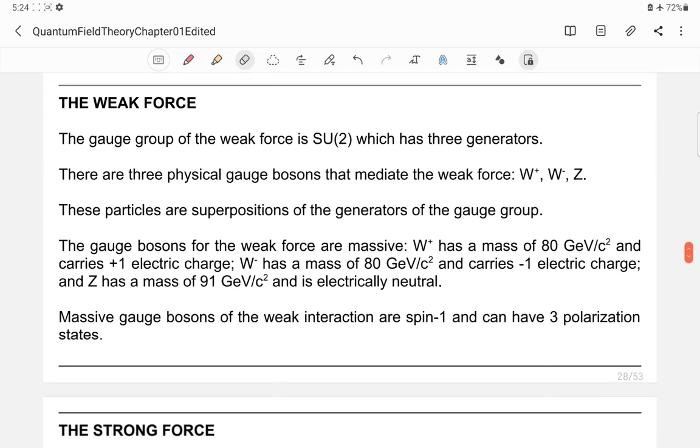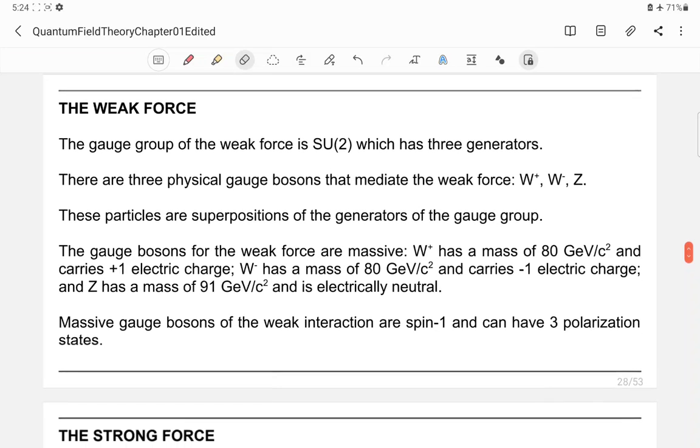Then we go to the weak force, which will be discussed later on more extensively. The gauge group of the weak force is SU(2), which has 3 generators. So there are 3 physical gauge bosons that mediate the weak force, the charged W bosons and the neutral Z boson.